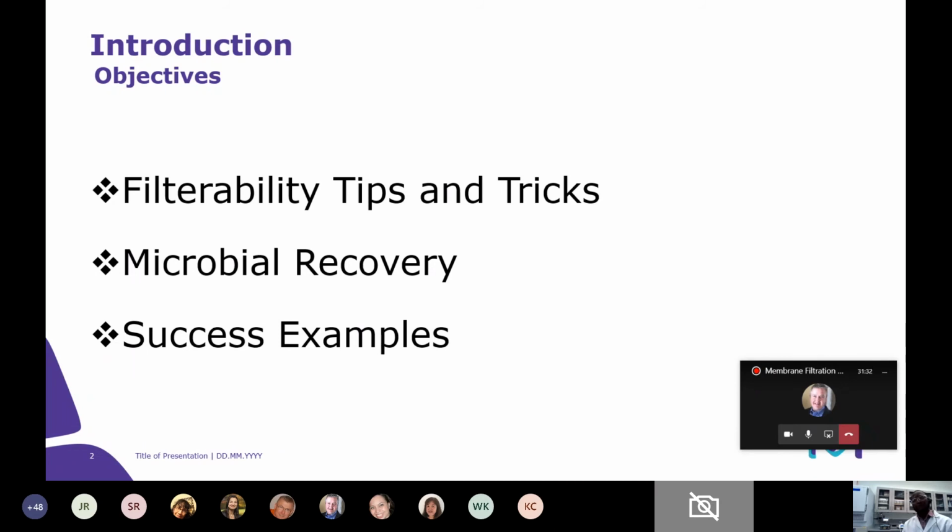The rinsing helps remove the inhibitory properties, which will help you in your recovery. So we'll talk about the tips, microbial recovery, and success examples.